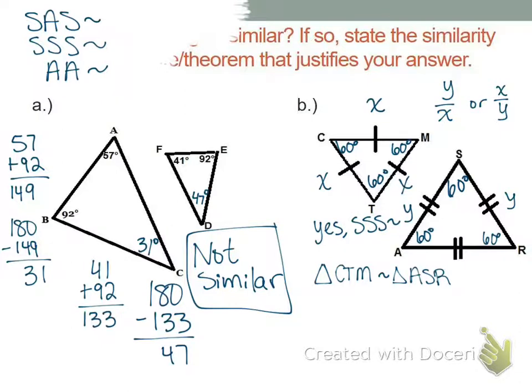But you would have had to explain to me why you knew these were all 60. So in my opinion, side is easier to get to right away. If you got really technical, you could argue the other ones. But that's why it doesn't really matter down here. As long as C, T, and M are all used together, and A, S, R are all used together, you've got lots and lots of possibilities.